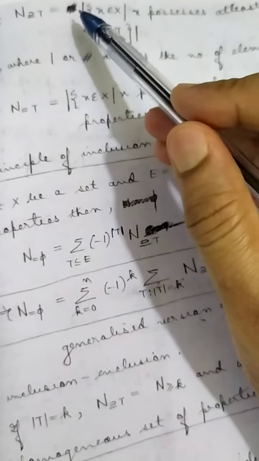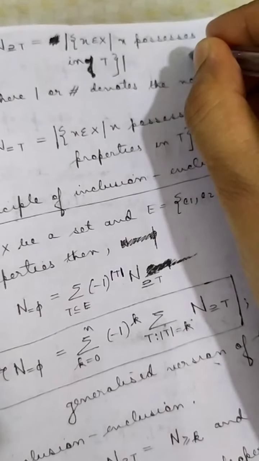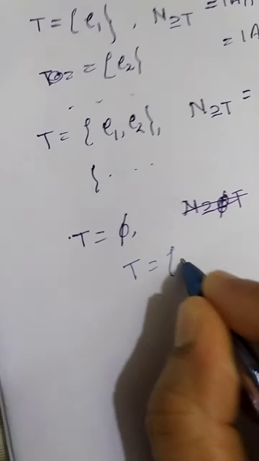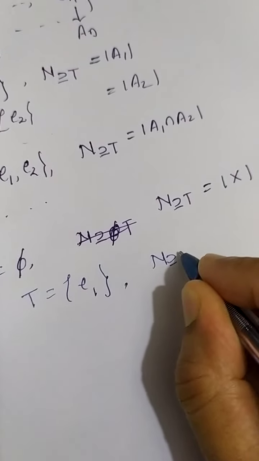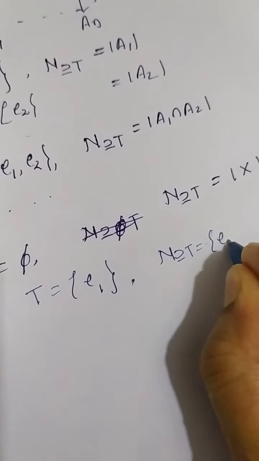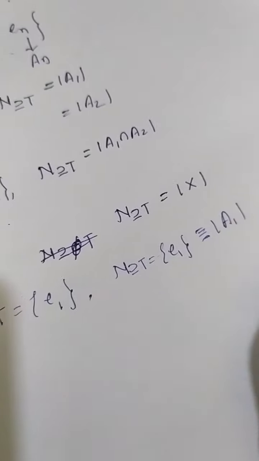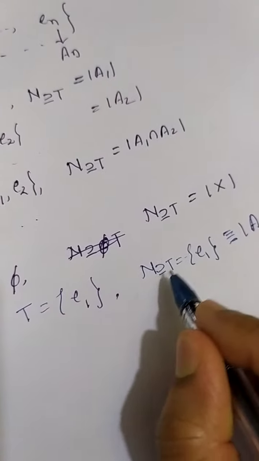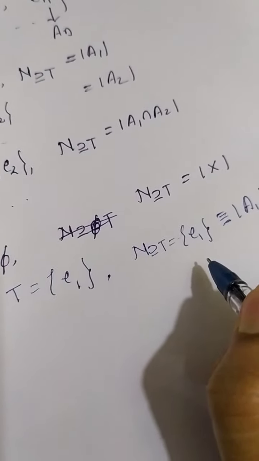If I consider T equal to E1, this expression is nothing but the number of elements in the set A1. This representation means the number of elements in the set capital X which satisfy the property E1, maybe along with other properties.